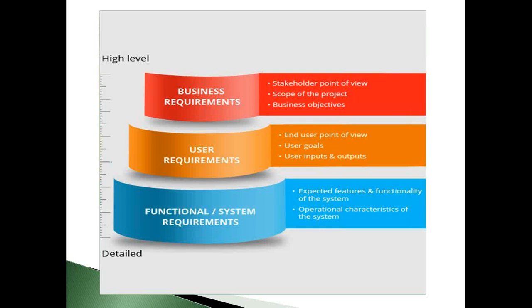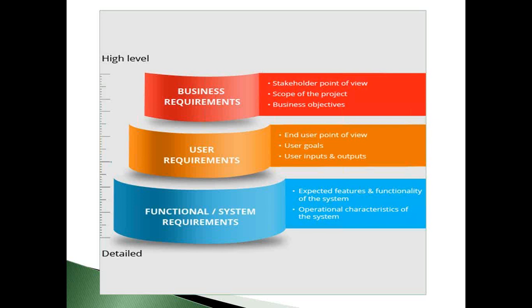And now we are going to see the difference between the business and the functional requirements, where the user requirements will also come into the category of business requirements only. In the business requirements, we have the stakeholder point of view, and we describe the scope of the project and the business objectives.